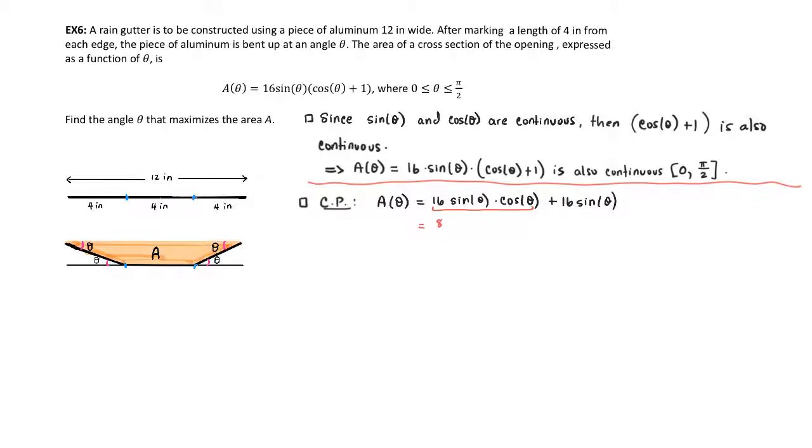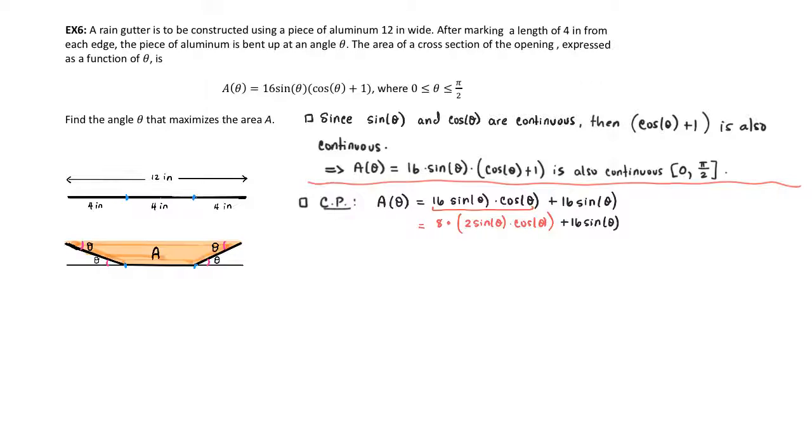And then I will rewrite this part right here as 8 times 2 times the sine of theta times the cosine of theta. Then the rest, the same as before, plus 16 sine theta.